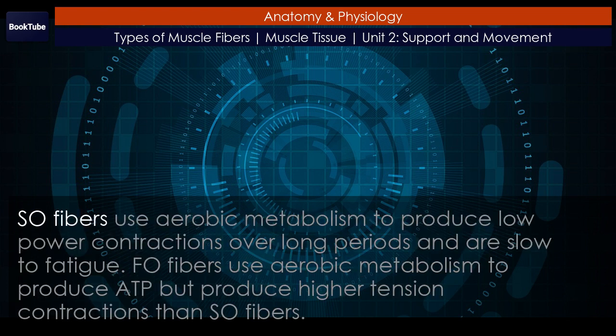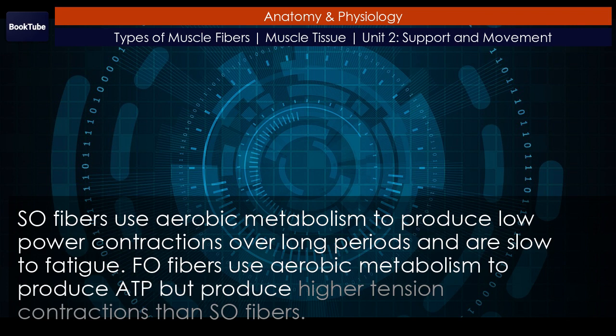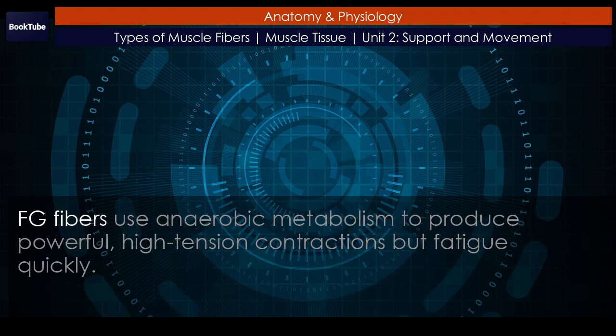SO fibers use aerobic metabolism to produce low-power contractions over long periods and are slow to fatigue. FO fibers use aerobic metabolism to produce ATP but produce higher tension contractions than SO fibers. FG fibers use anaerobic metabolism to produce powerful, high-tension contractions but fatigue quickly.